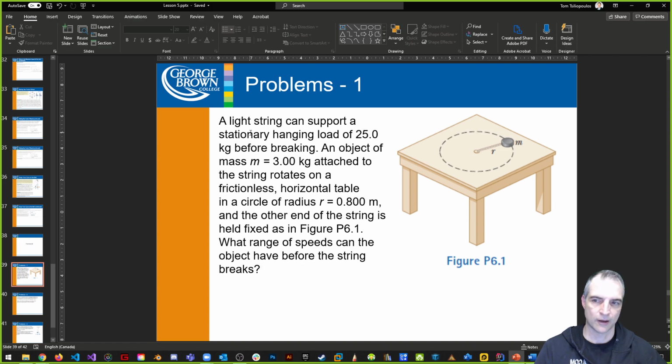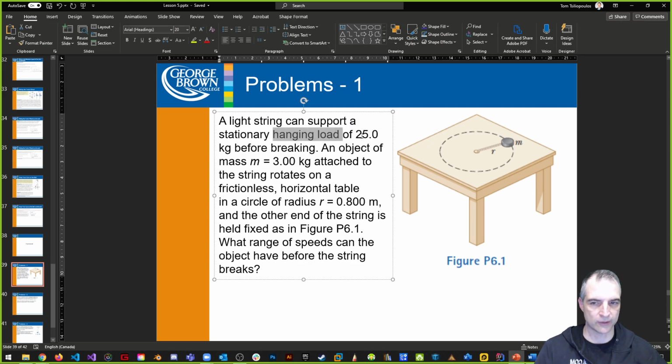If the light string can support this hanging load, how do I calculate the force? If I know the kilograms, how do I calculate the maximum force in the string? Well, there are some hints here. One is hanging load.